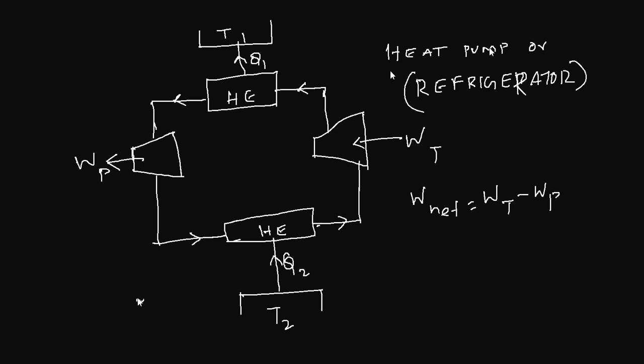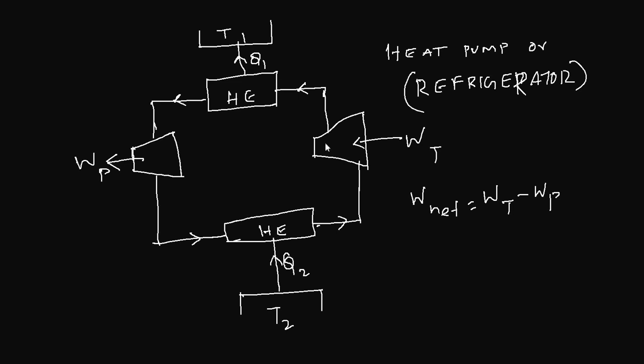A heat pump is simply a device which takes heat from a low temperature source and rejects heat to a high temperature source. An air conditioner, a cooler or a refrigerator are all examples of a heat pump, something that transfers heat from a low temperature source to a high temperature source.